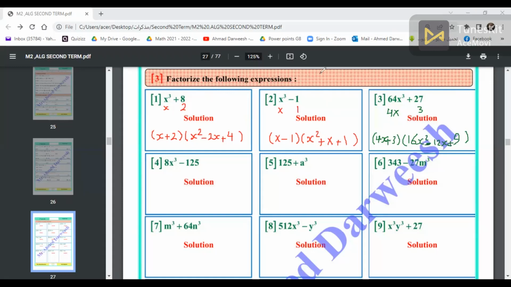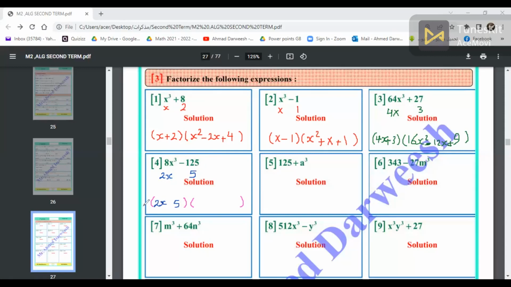Okay, now it's your turn. Try to solve this one. Stop the video and solve it, and then check your answer. Okay, what is the cubic root of 8x cubed? It's 2 and x. What about this one? It's 5 times 5 times 5, so it's 5. Now 2x and 5.